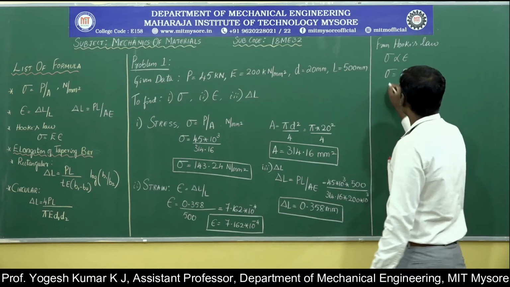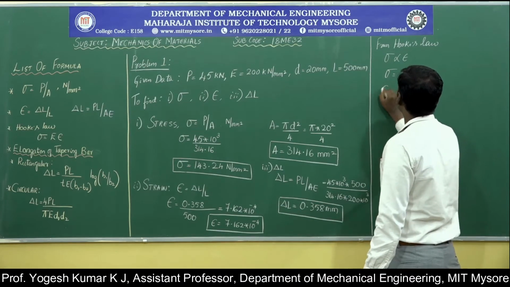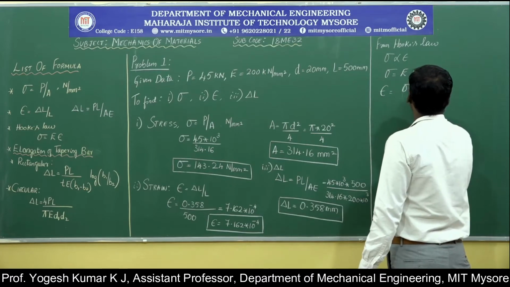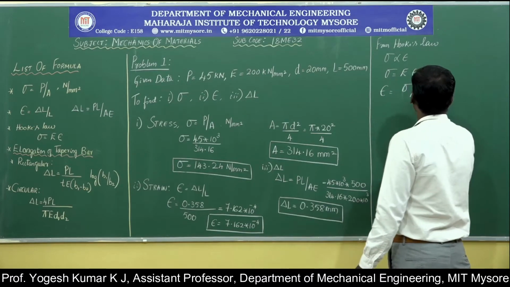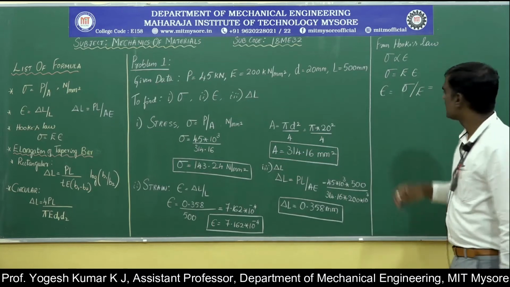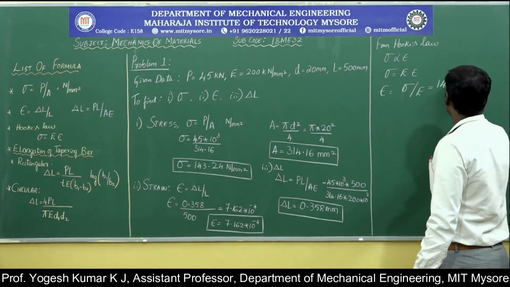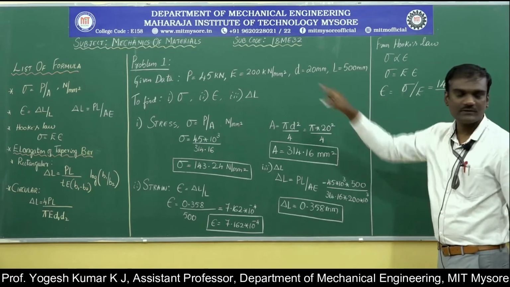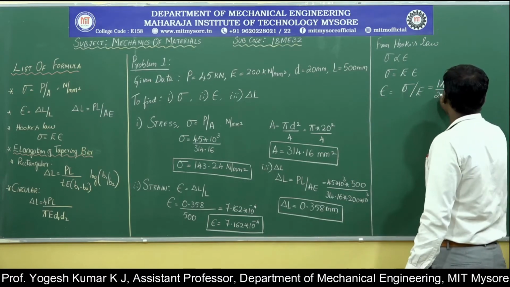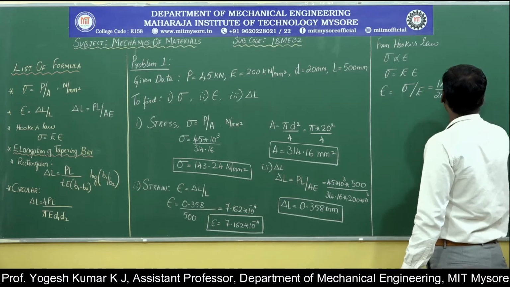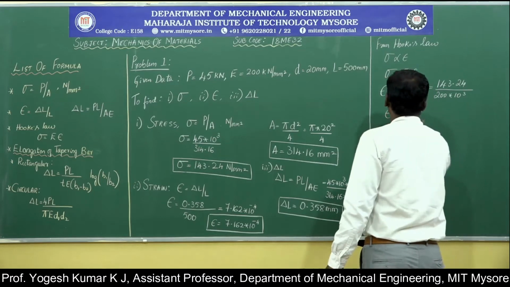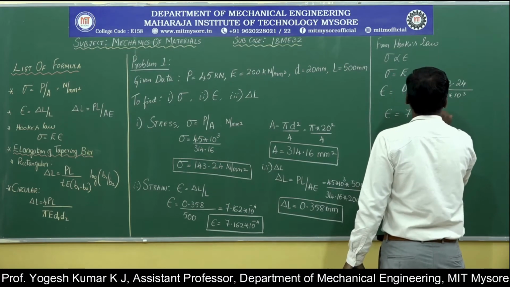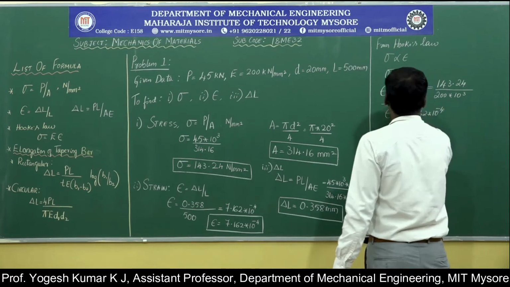Our unknown is epsilon, which can be written as sigma by E. We found sigma as 143.24, and Young's modulus is given as 200 into 10 power 3. On solving this also, we get the value of strain as 7.162 into 10 power minus 4.